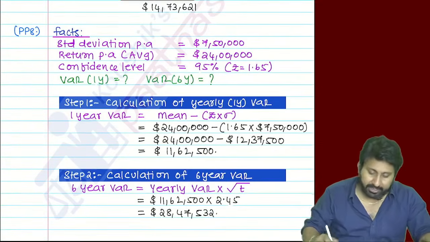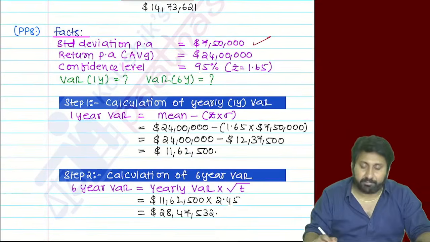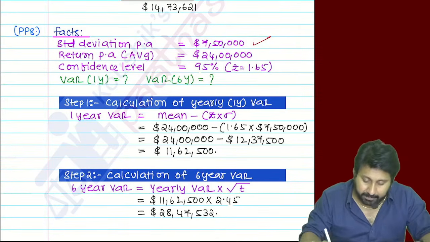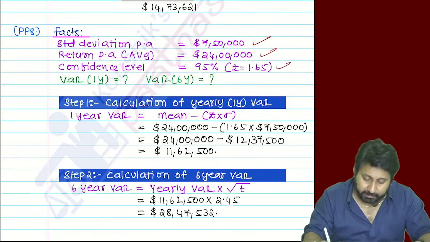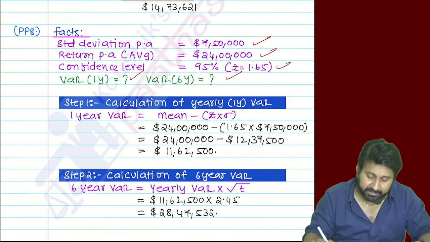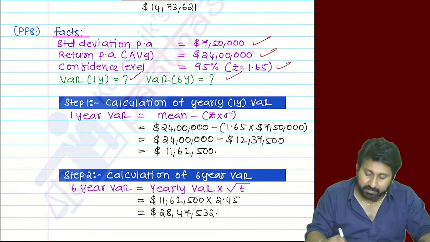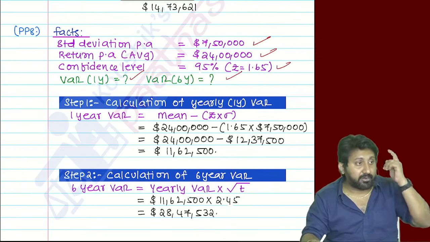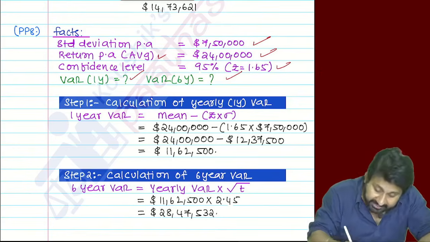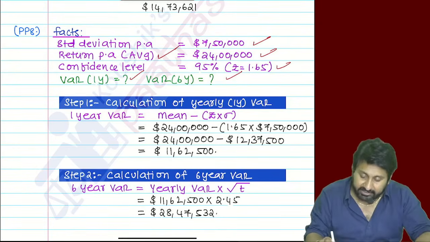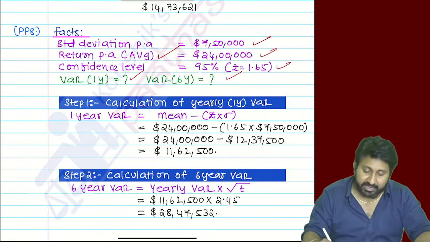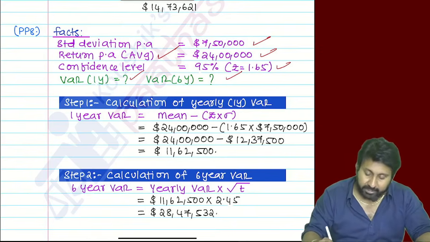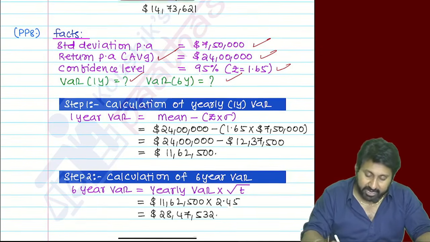Okay. Next, standard deviation per annum 7.5 lakh, average return per annum 24 lakh, confidence level 95%, Z 1.65. VaR for 1 year, VaR for 6 months. For the 1 year VaR, the formula is mean minus Z into standard deviation. Mean is already given as 24 lakh, Z value 1.65, into the standard deviation.